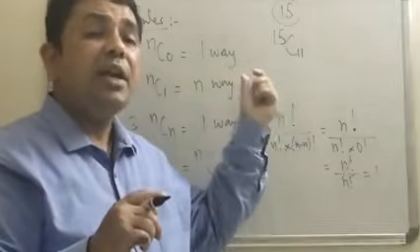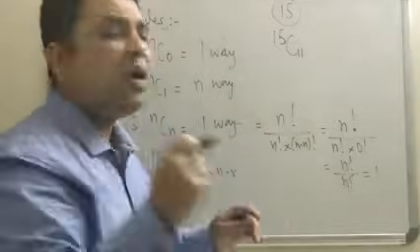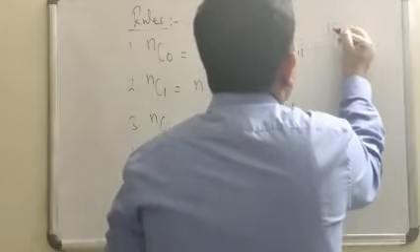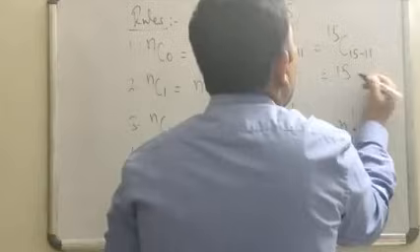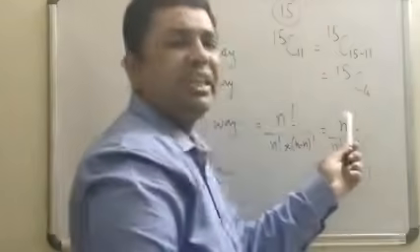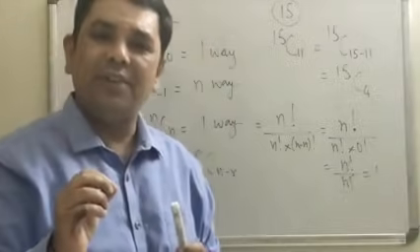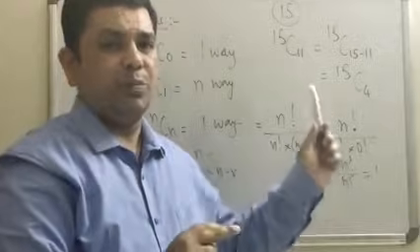Now, is calculating 15C11 going to be easy? Probably not. So what we are saying? We are saying that 15C11 is same as 15C(15 minus 11), and therefore 15C11 is same as 15C4. Alright. Now, there are two ways to explain this.